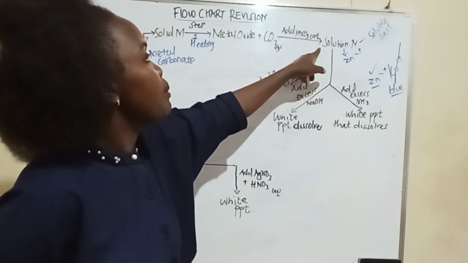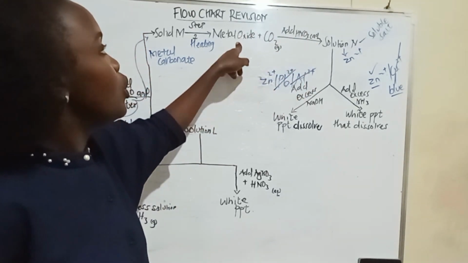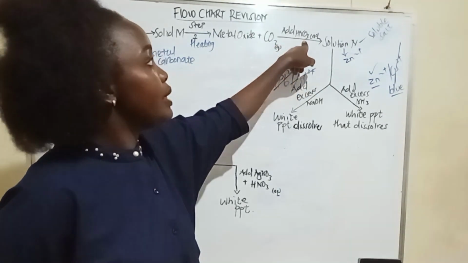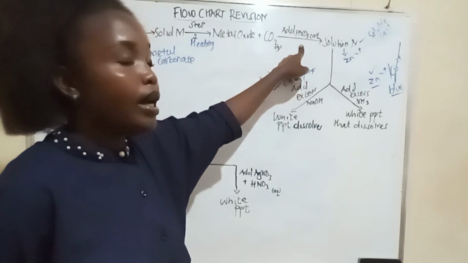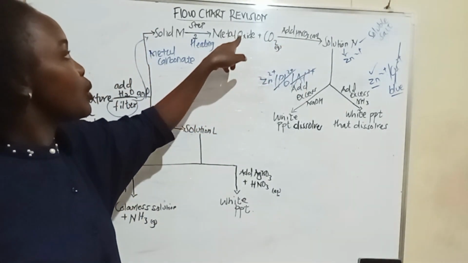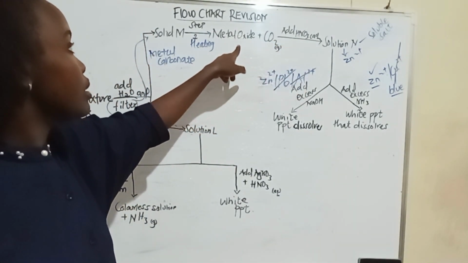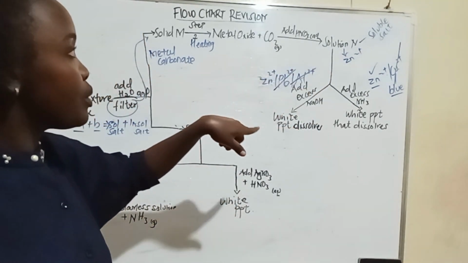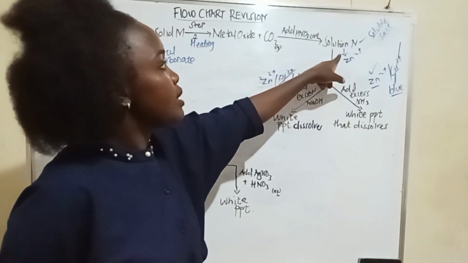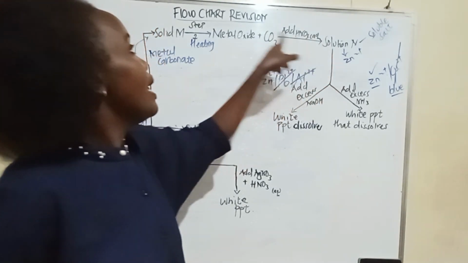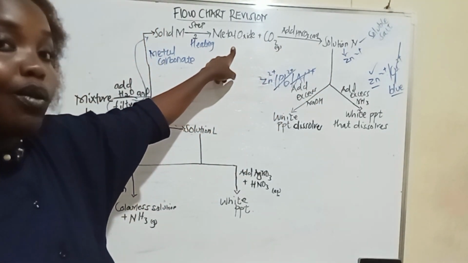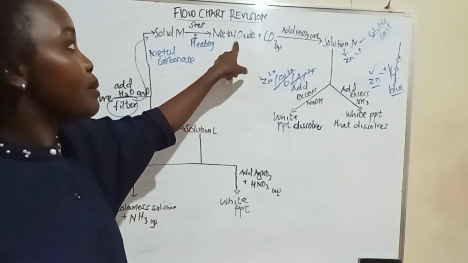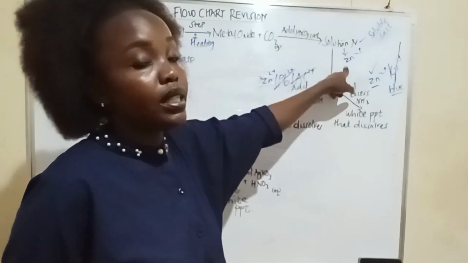You found it from the reaction between a metal oxide, which we don't know, and nitric acid. So this solution containing zinc ions means the metal oxide that was here was a zinc oxide. It was a metal oxide of zinc.